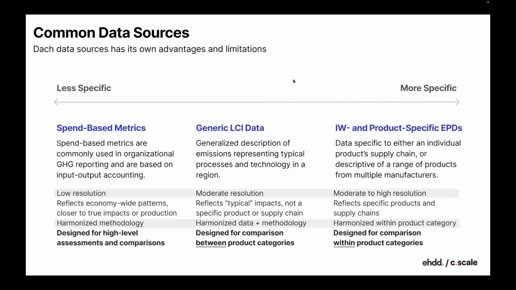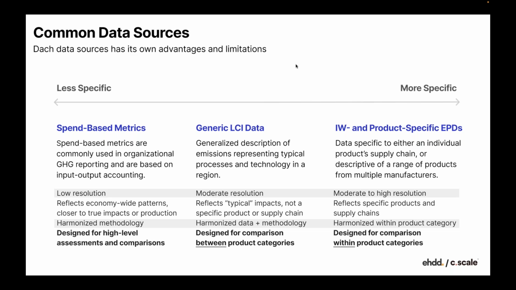So to run through, I'll do these next two together. Generic LCI data and industry-wide or product-specific EPDs really add further specificity to the data and the sources behind it. Generic LCI data lives low on that hierarchy that Stacy showed on the uncertainty slide. It reflects typical impacts, uses the same data and methodology to describe every bit of it.